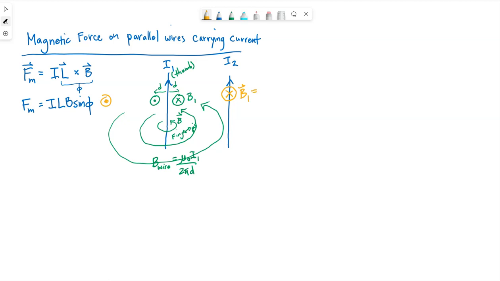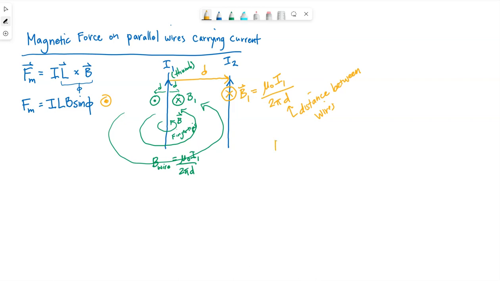The strength of this field depends upon how much current is flowing in wire 1 and the distance, D, specifically between the wires, because I want to know the strength of the field where wire 2 exists. So I'm a distance D away from wire 1, which ultimately means the distance between the wires.